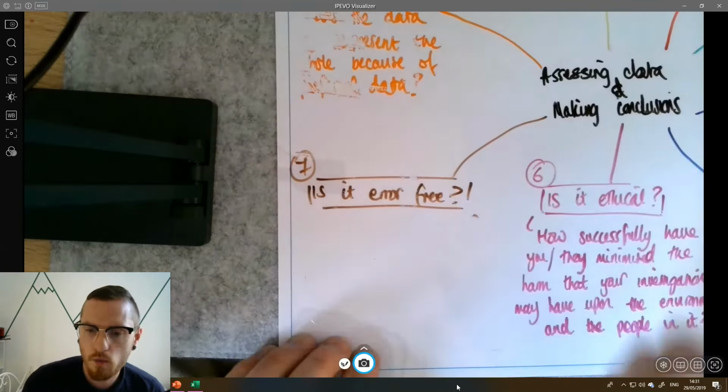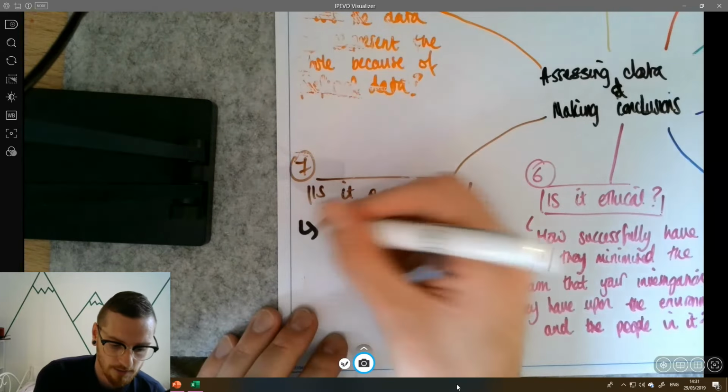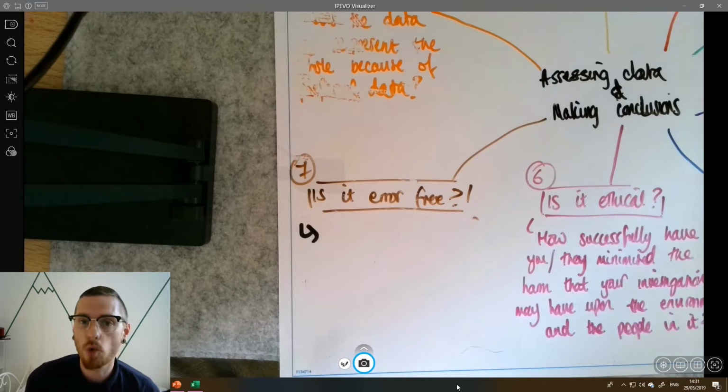So when we think about errors, when we look at our data or our conclusions and evaluations, or in the unfamiliar fieldwork theirs, ask ourselves, are there any sources of error?